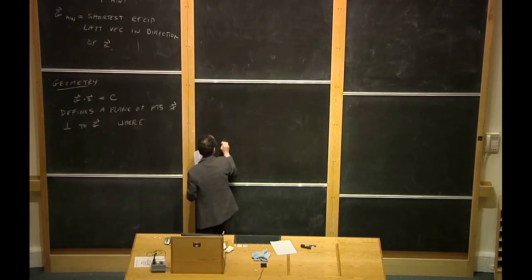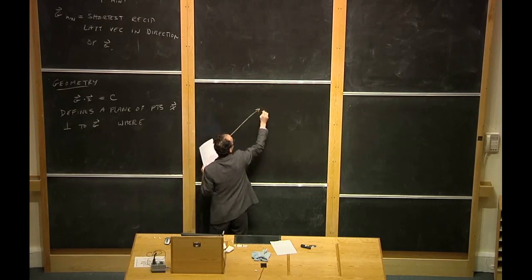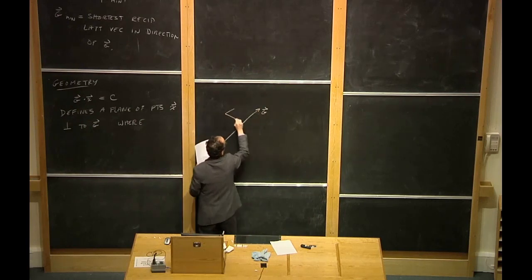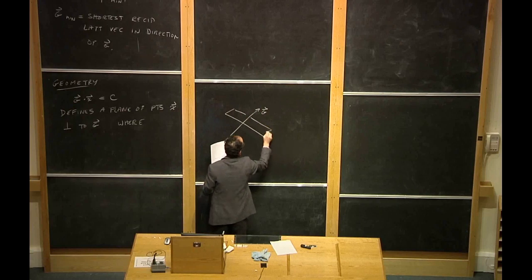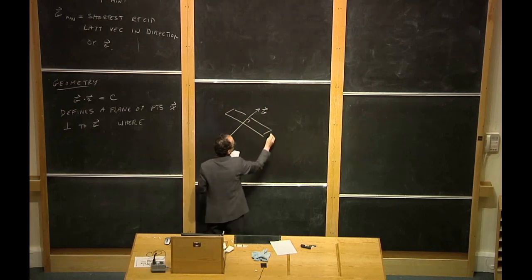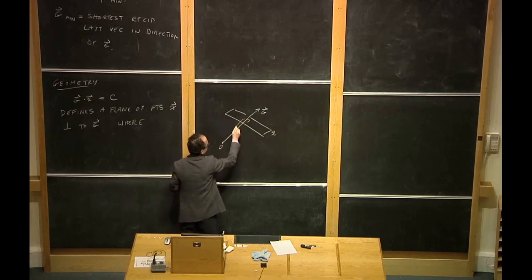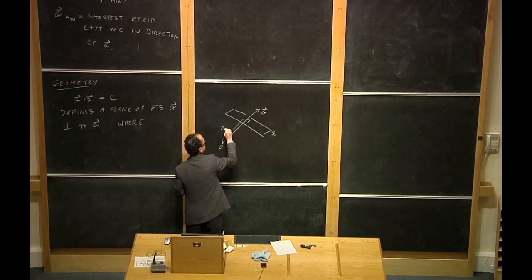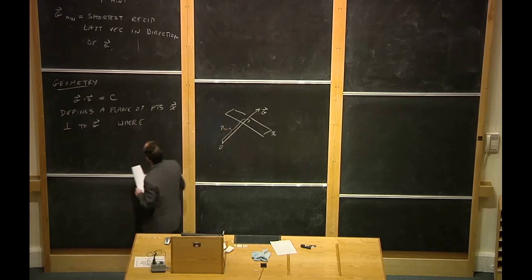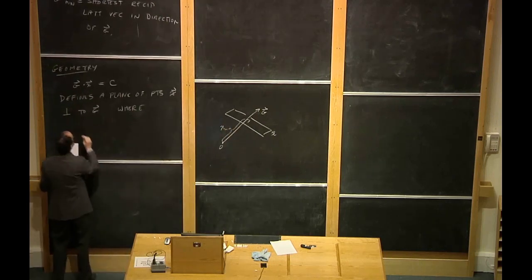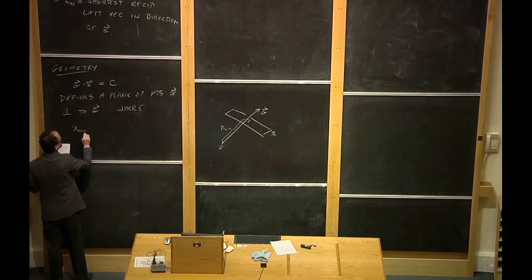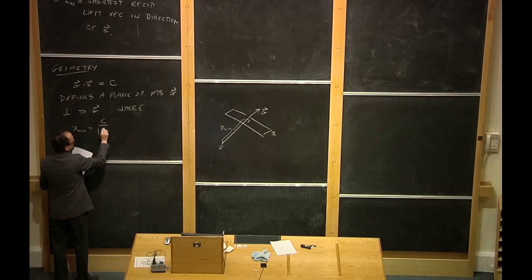So here's the point 0, here's the vector G, here's the plane perpendicular to G, which we're calling x. This is the plane of points x. And the distance from 0 to the plane x, let's call that distance x min, where x min, the minimum distance to the plane, equals c over absolute G.